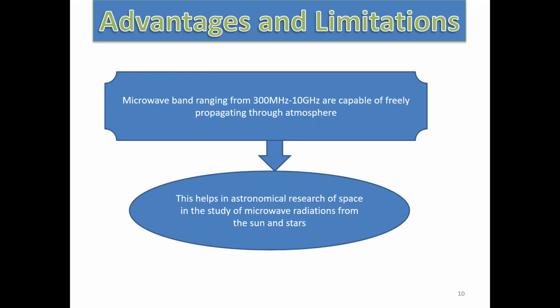And another one, what I discussed earlier: microwaves can propagate through the atmosphere in the range of 300 megahertz up to 10 gigahertz.